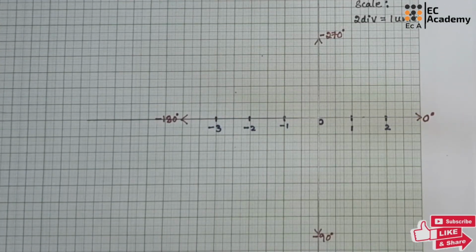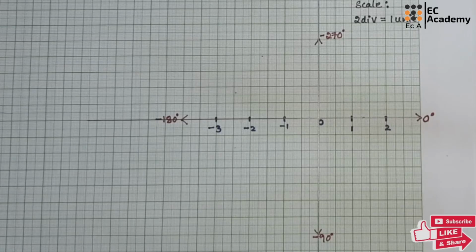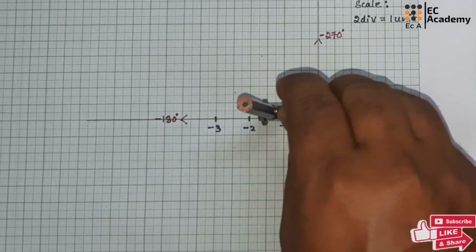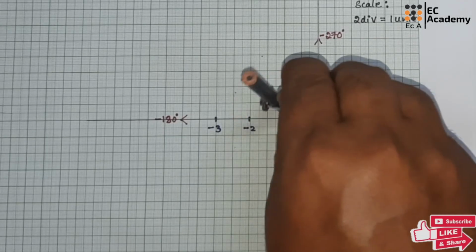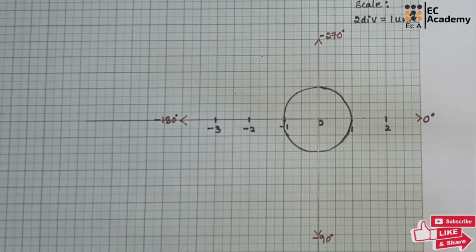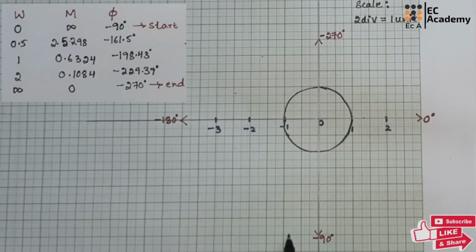Now let us draw a polar plot using graph sheet. Here we have taken the scale as 2 divisions is equal to 1 unit. First step is to draw the unit circle, so let us take the compass and draw the unit circle on the graph sheet. Now when omega is equal to 0, magnitude is infinity at minus 90 degree phase.